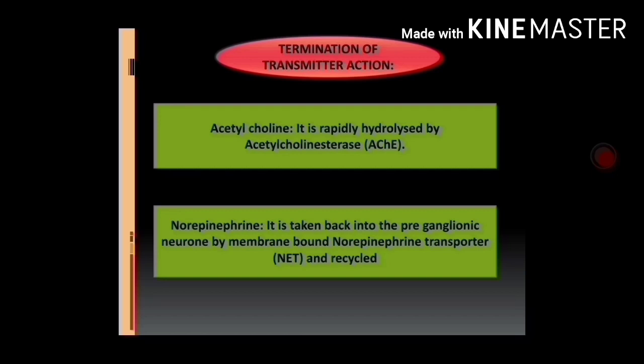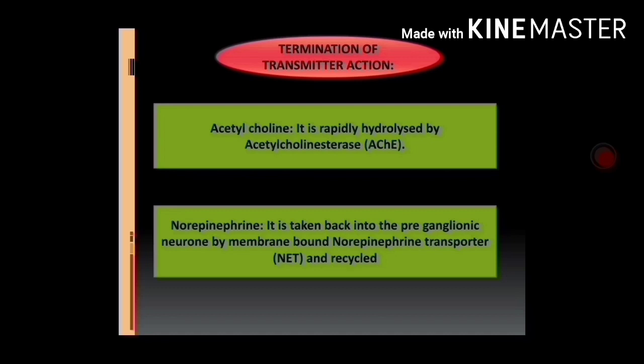Now the last step in neurohumoral transmission is termination of transmitter action. After combination of the transmitters with the specific receptors in the postganglionic membrane, they have to be terminated. In the case of acetylcholine, it is rapidly hydrolyzed by enzymes called cholinesterases.